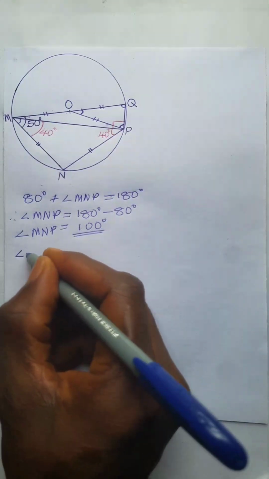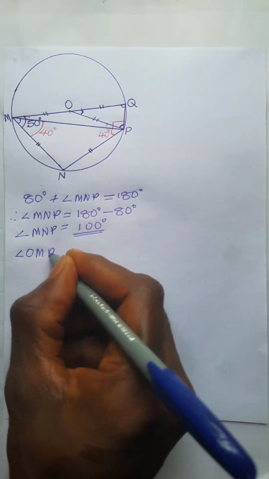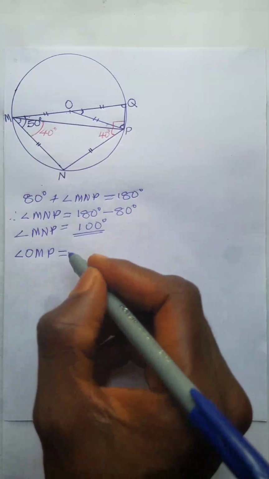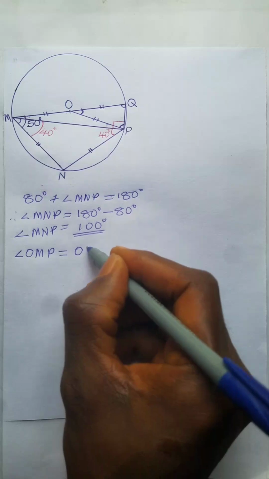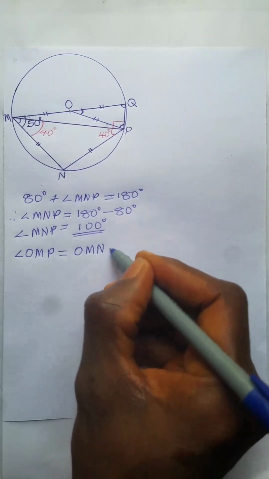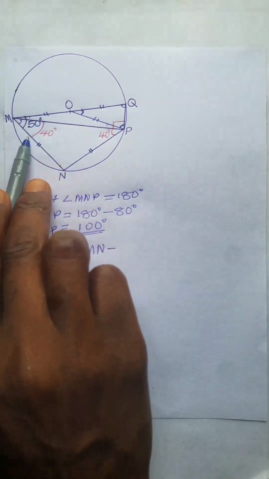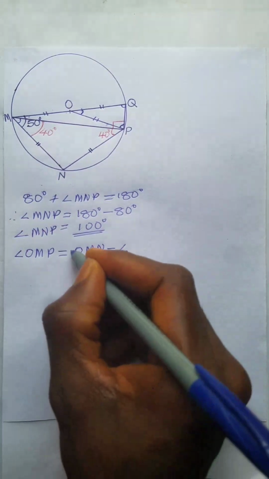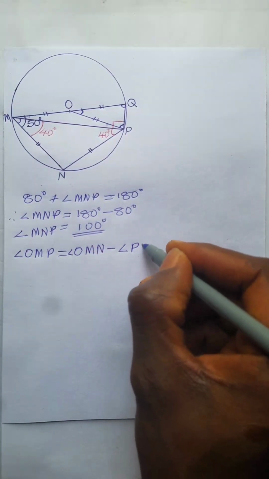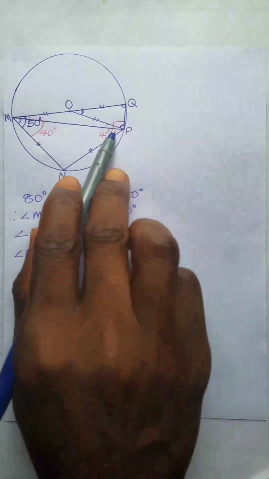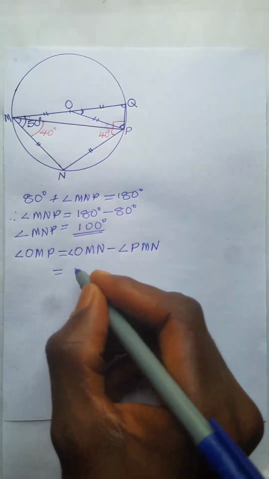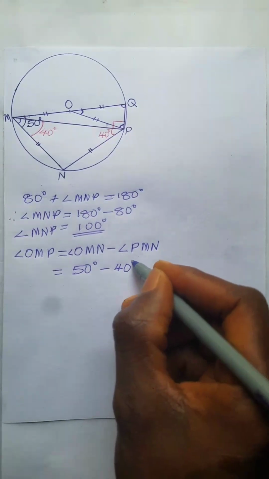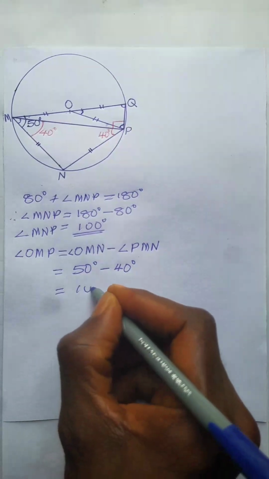So angle OMP will be equal to this entire angle, which is OMN, minus this place PMN. Let's add an angle there, PMN. Is that okay? So that becomes 50 degrees minus 40 degrees, right? So that becomes 10 degrees.